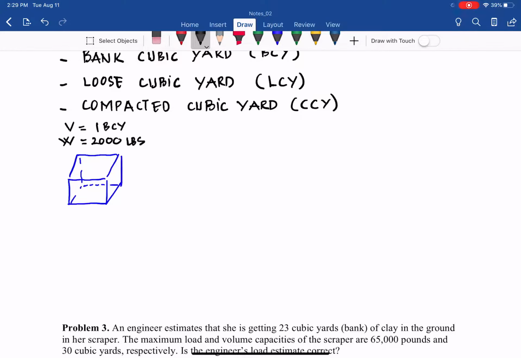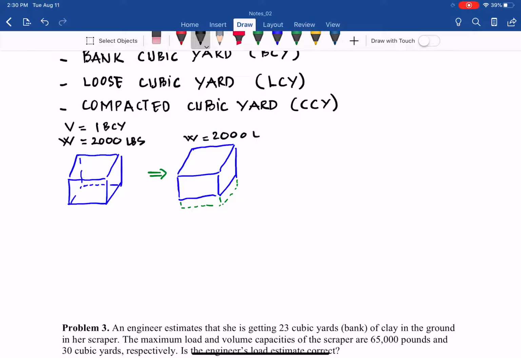Okay, and if we disturb that material, it becomes increased in volume, but the weight remains unchanged, so we still have the weight equal to, in this case, 2000.